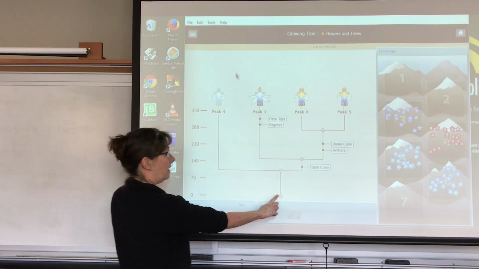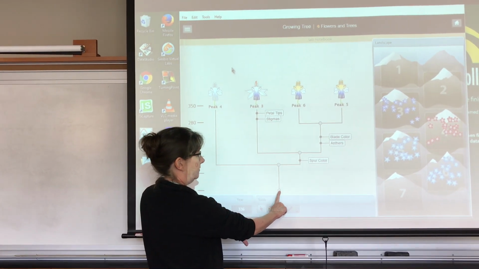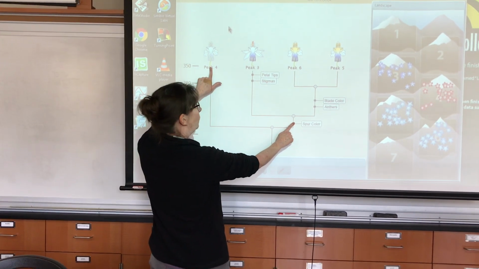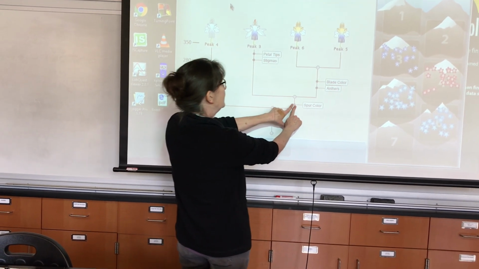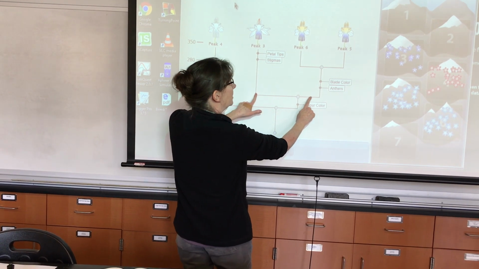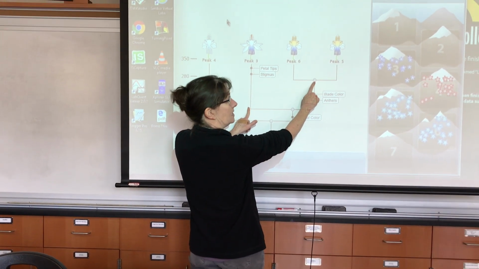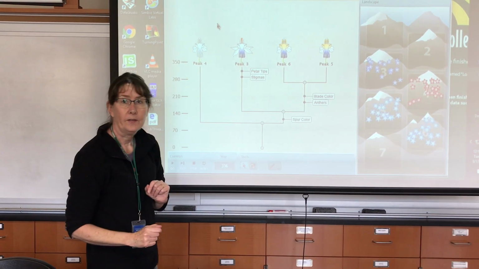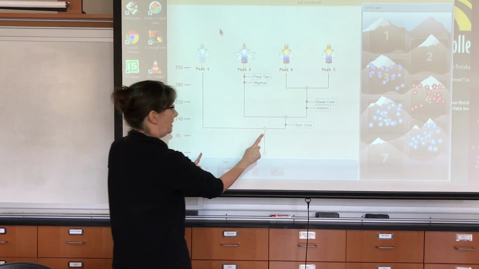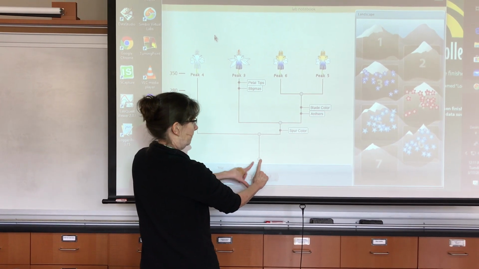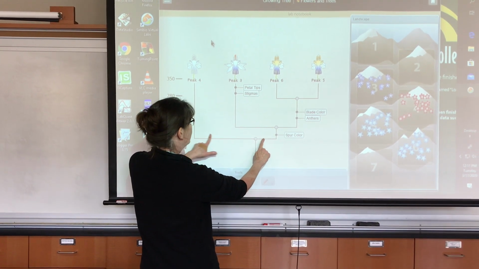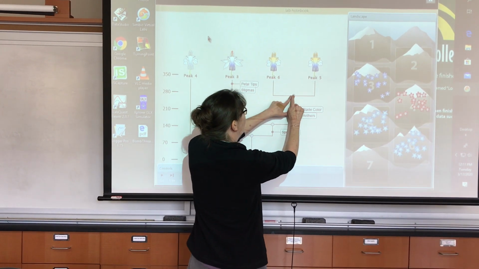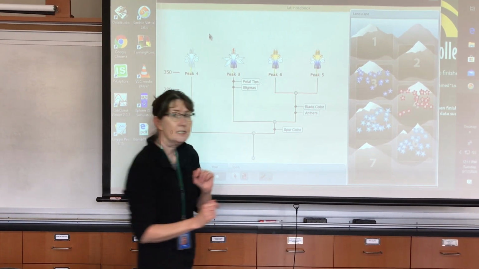We could start at peak 3 here, and if this is peak 3, it would have split to peak 4 first. And then if this is peak 3 here, it's gonna split maybe to peak 6. And then peak 6 would split to peak 5. Or this could be peak 5. And if it was peak 5, it split off to peak 4. Then peak 5 split to peak 3. And then peak 5 split to peak 6.